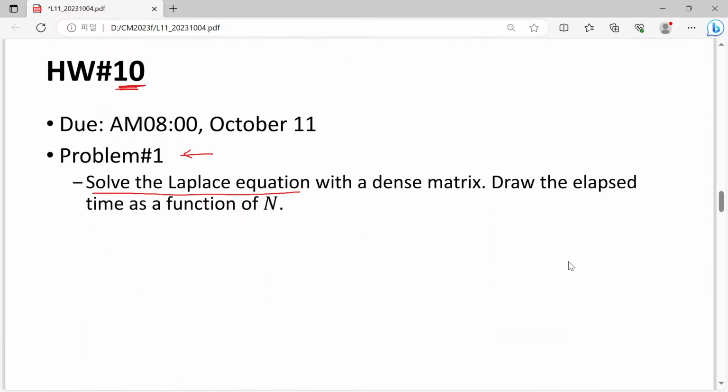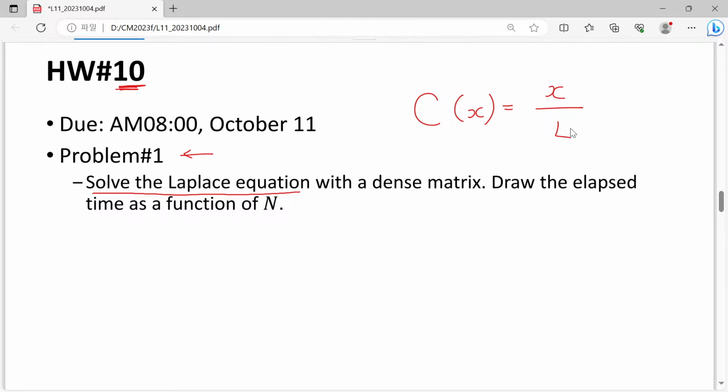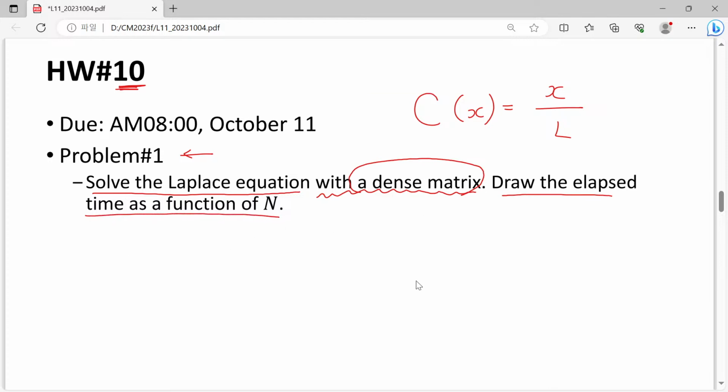Then in this case, the solution is quite trivial. You will have just a simple one. Nothing but your c value as a function of x should be x over L. So that is not that difficult. But the point is just to solve it with your previous implementation, assuming a dense matrix A. Then draw the elapsed time as a function of n.